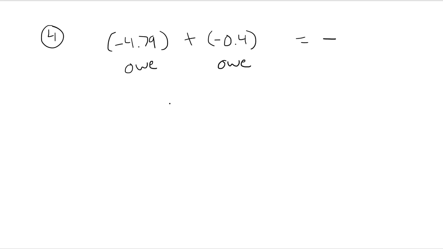To figure out what that answer is, you're going to add 4.79 and 0.4. Notice in this case, I line up the decimals. I would put a 0 right here, and now I just add: 9 plus 0 is 9, 7 plus 4 is 11, 1 plus 4 is 5, and my decimal comes straight down. We know that our answer is negative, so negative 5.19.